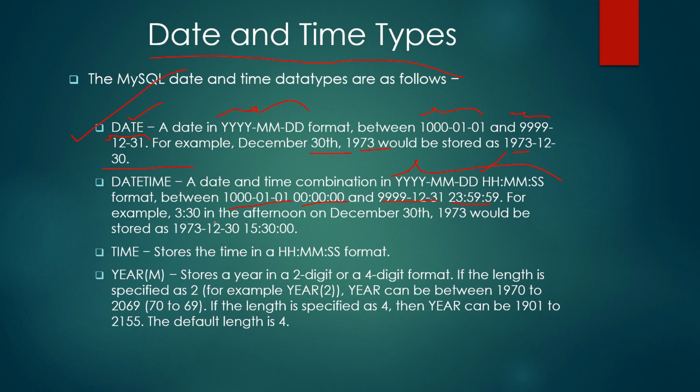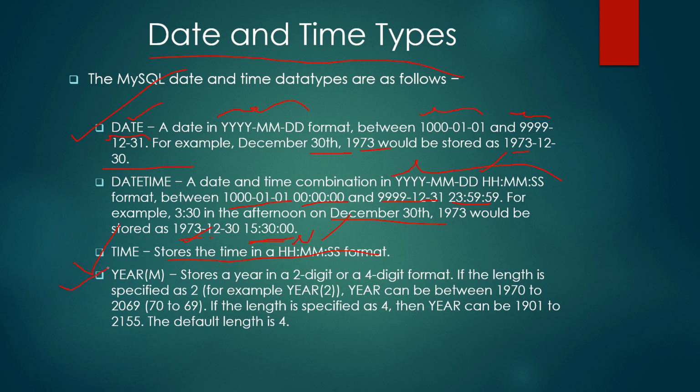For example, 3:30 in the afternoon on December 30, 1973 would be stored as 1973-12-30. This is the date, and 15:30 since it is afternoon, so that is why we don't write 3:30, instead we write 15:30. Then we have time. If you only want to store time, it will store that in this format. First the hours, then the minutes, and then the seconds.